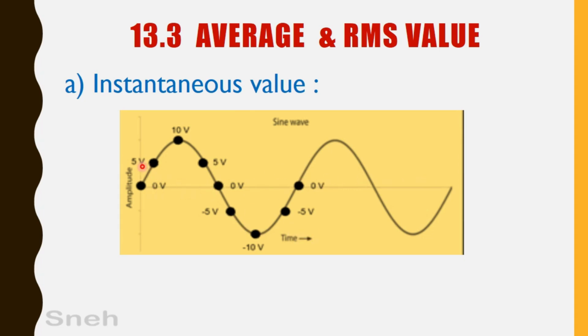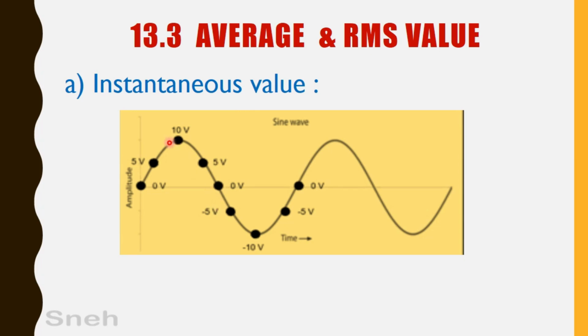At this time the value is 5 volt, at this particular time 10 volt, at this time again 5 volt, here it is minus 5, here minus 10, and so on.